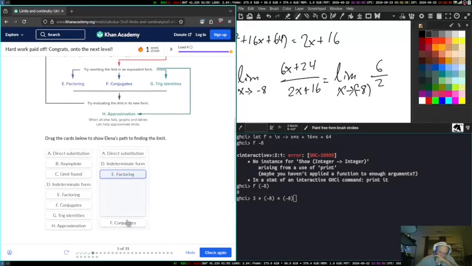Let's try swapping factoring and conjugates. Nope.